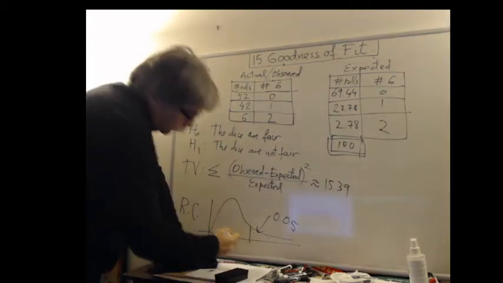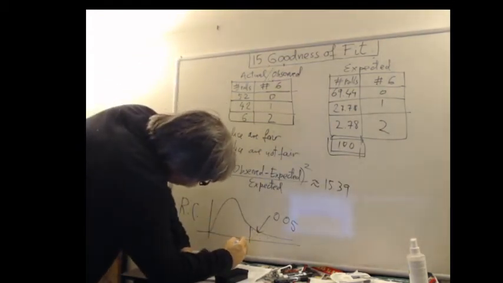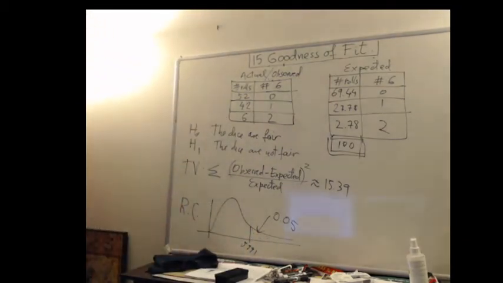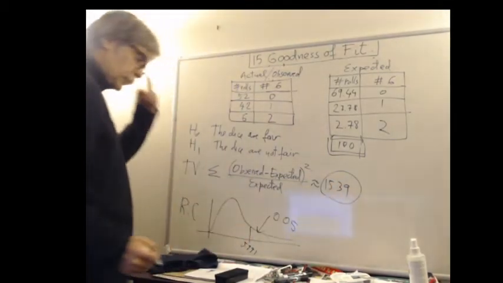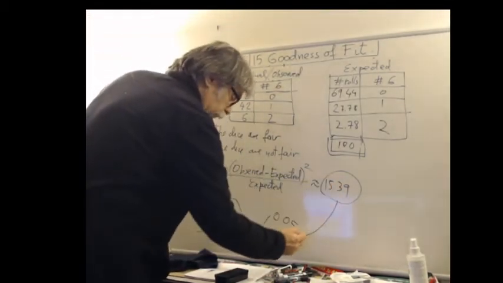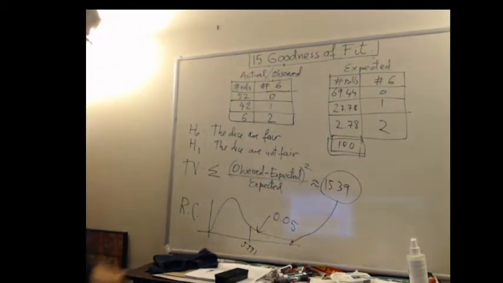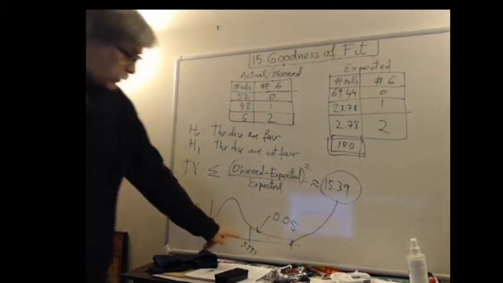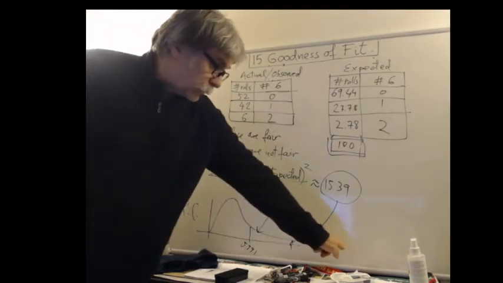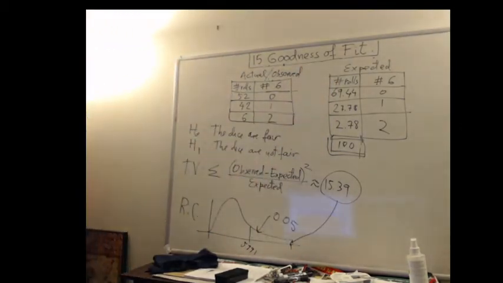So this critical value here is 5.991. Now take a look at the test value. The test value is deep in the tail here. Somewhere, I put them at random. So it'll be somewhere there, further away.